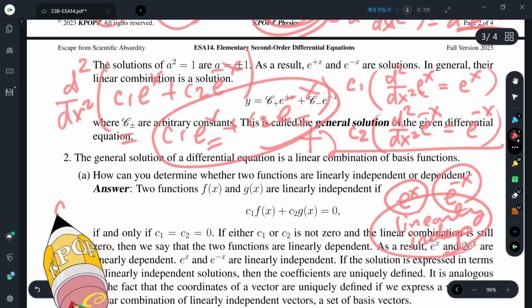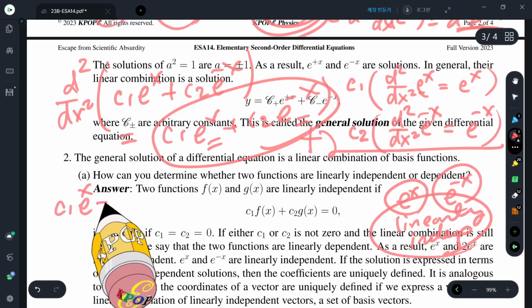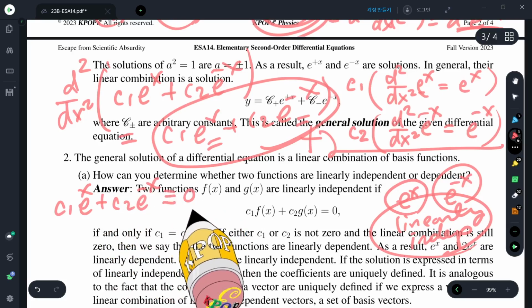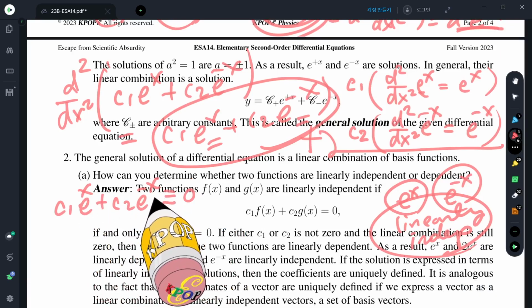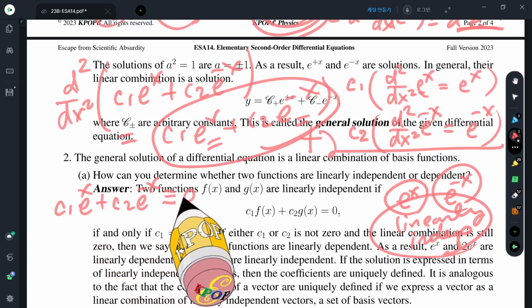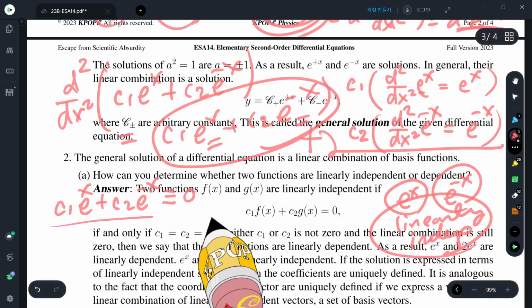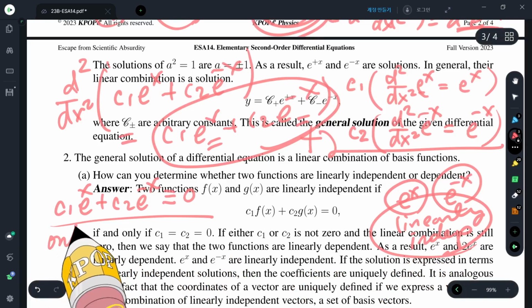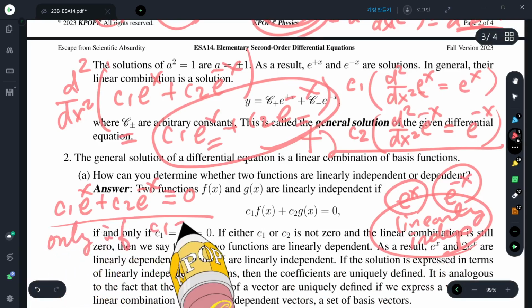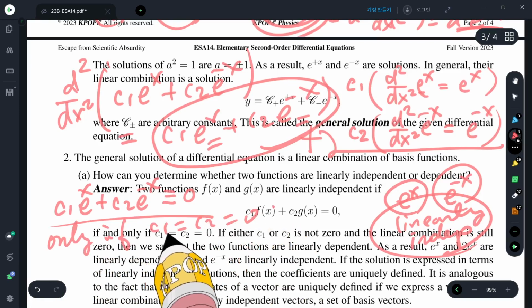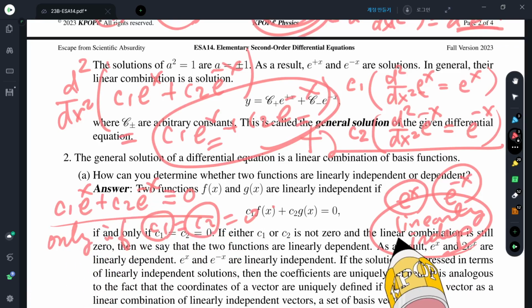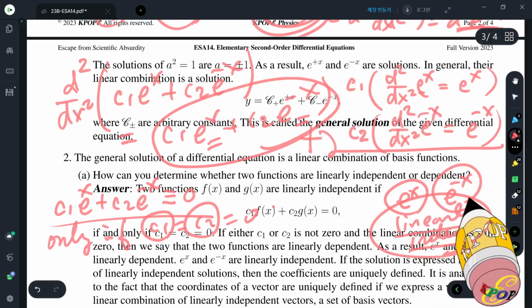Why? c1 e to the x plus c2 e to the minus x is identically 0 for whatever x you may substitute only if c1 and c2 equal 0. If you don't substitute 0 for both parameters, it is non-zero. Those are linearly independent functions.